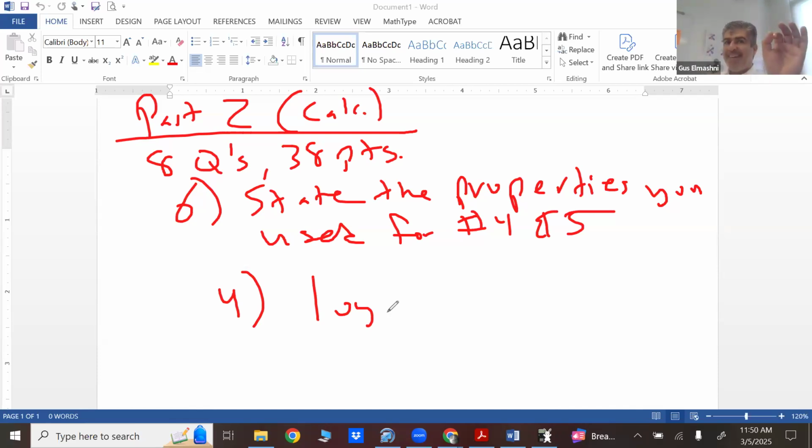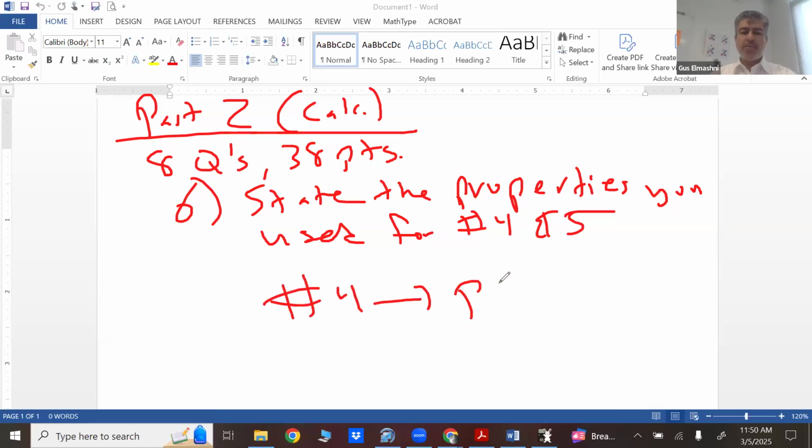That's the P, or product. Yes. If you actually write out the property, that's cool. But for number 4, we use the product property.